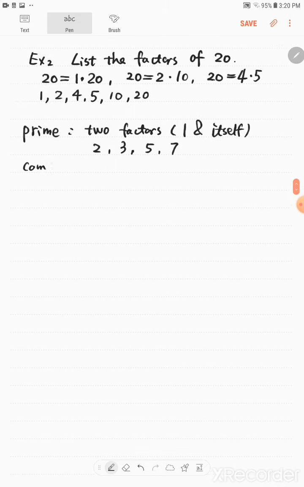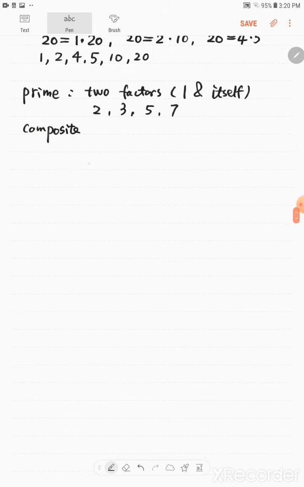prime numbers. Of course, we also have composite numbers. Actually, a composite number is just not a prime number, the opposite of the prime number. So that means it has more than 2 factors.